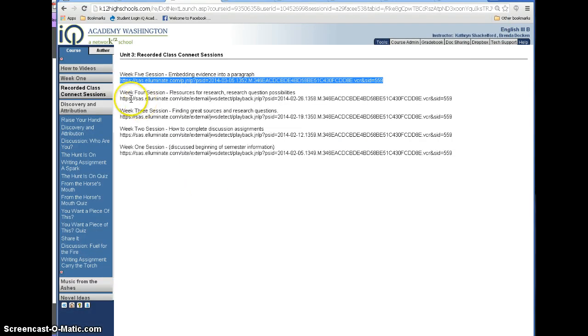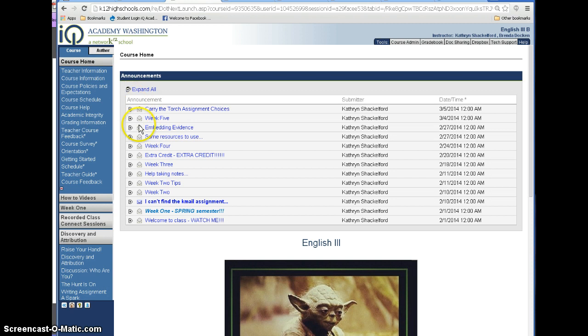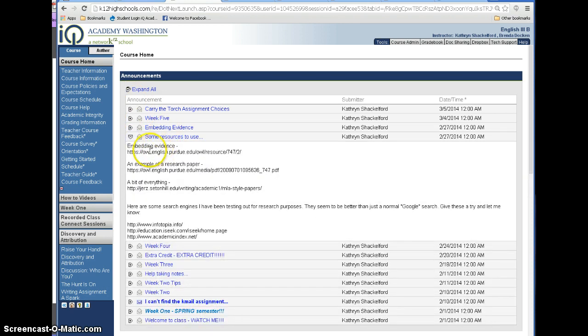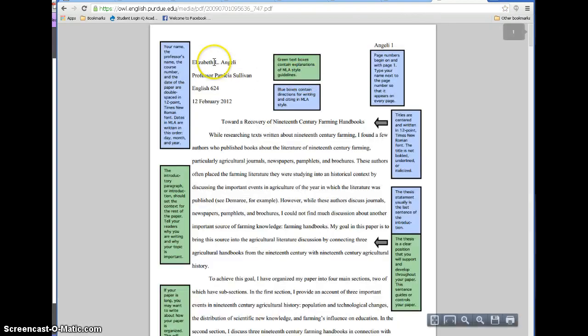Another thing I want to show you real quick, since hopefully I have your attention and you're actually watching this, is right here under some resources to use. These are some really great resources. One of my favorites, especially when I was learning how to do research writing, was to see an example of what it should look like in terms of heading and headers, page numbers.